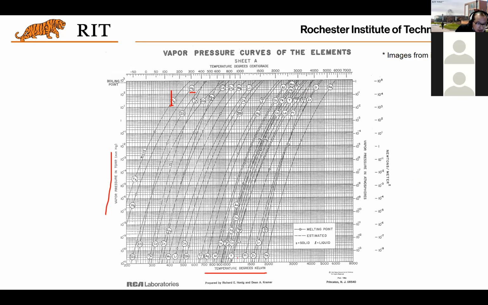I don't think it's aluminum, but basically what you want to do is, okay, it's 1,000. Then find where it is, and also 10 to the power of -3.